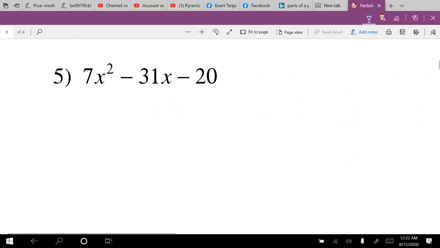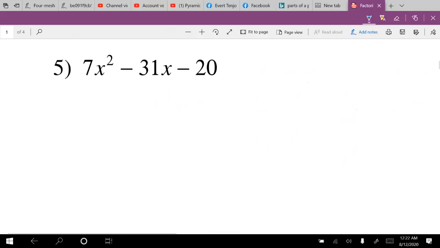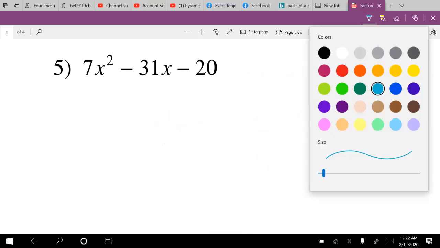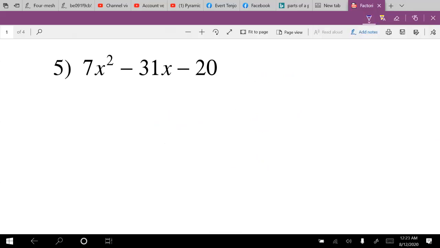Oh yeah, this gets a little bit complex. Number 5 is a little bit tricky, but it's doable. Okay, so we're gonna multiply 7 because the coefficient of the first term is greater than 1.